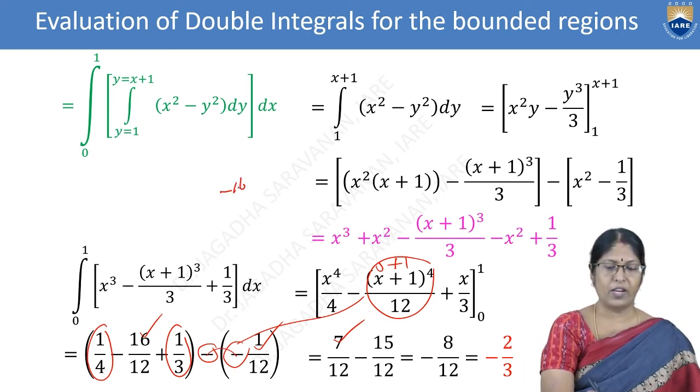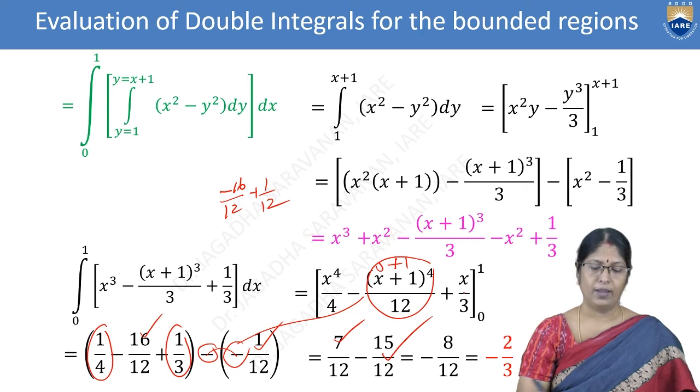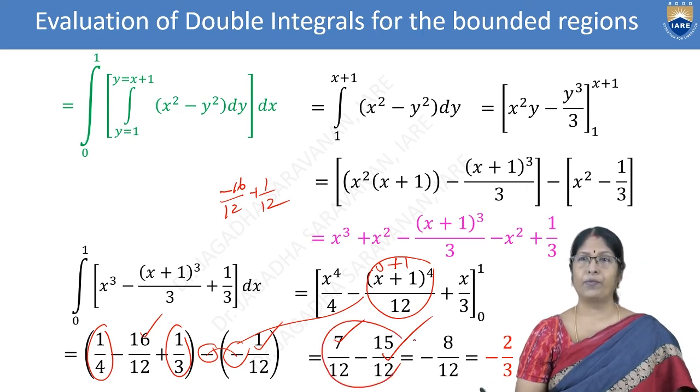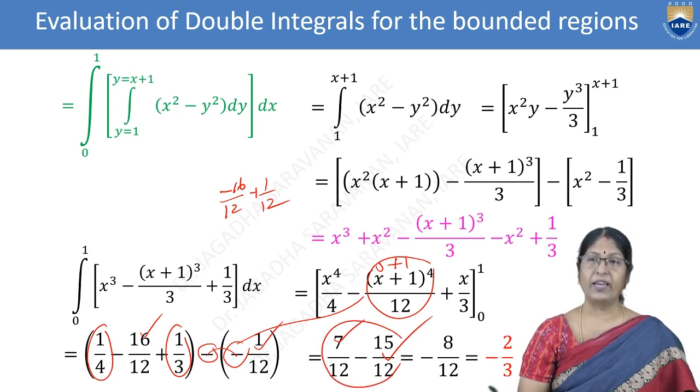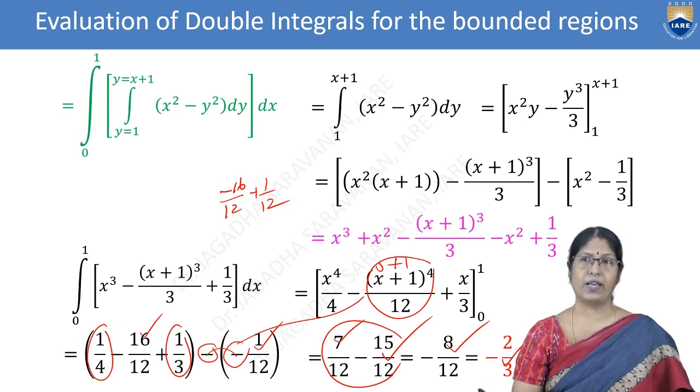So minus 16 by 12 plus 1 by 12 becomes minus 15 by 12. Again we are doing simplifications. We are taking the LCM. It has become minus 8 by 12. We give it in the lowest form of fraction, taking 4 as common. The final result is minus 2 by 3.